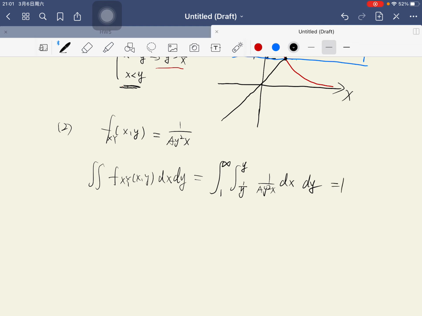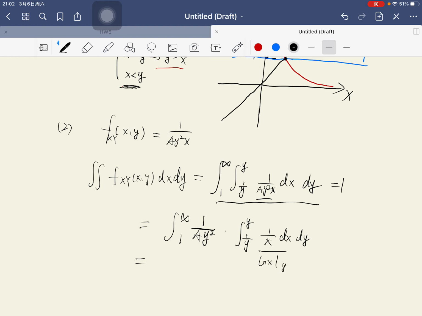To compute this, the inner integral is 1 over a y squared times the integral of 1 over x dx from 1 over y to y.